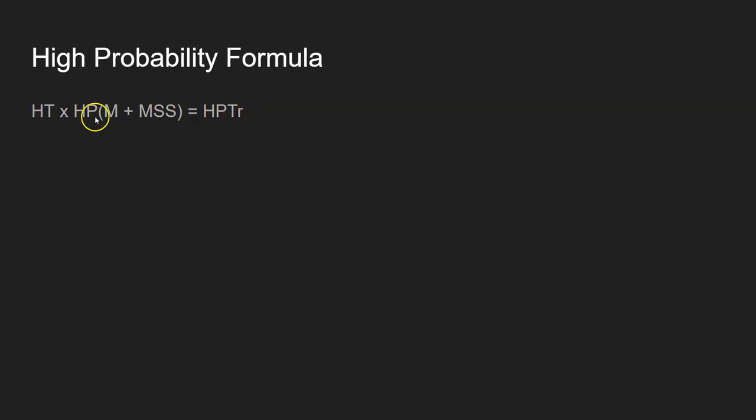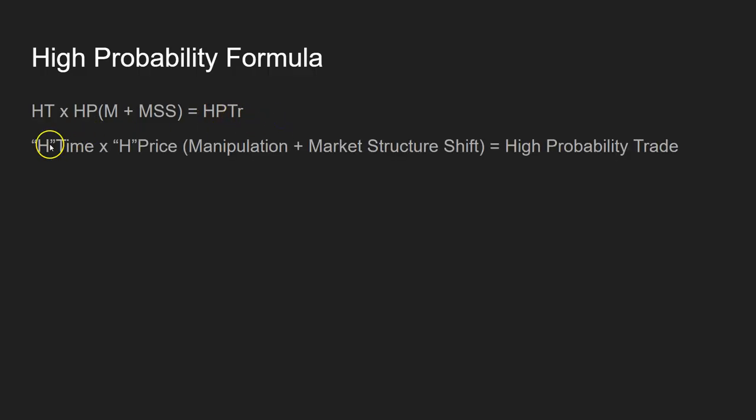High probability price is manipulation plus market structure shift. So high probability time, times high probability price, which is manipulation plus market structure shift, equals a high probability trade.